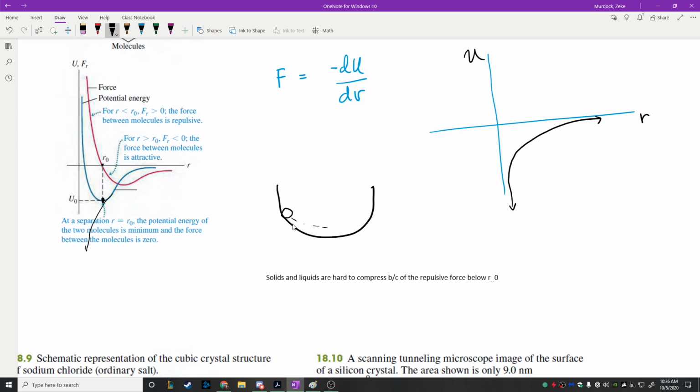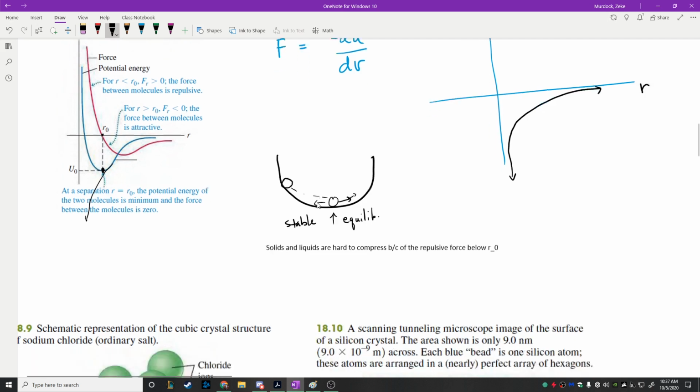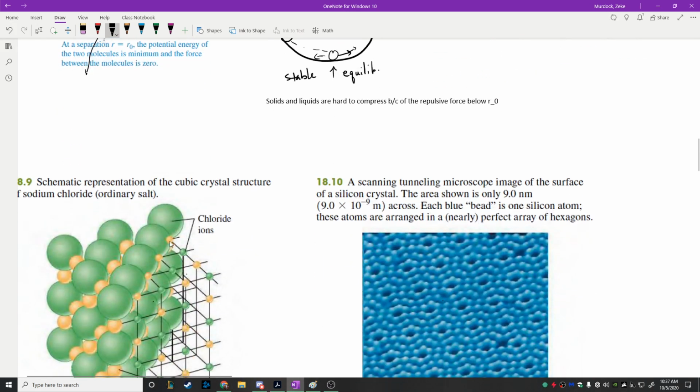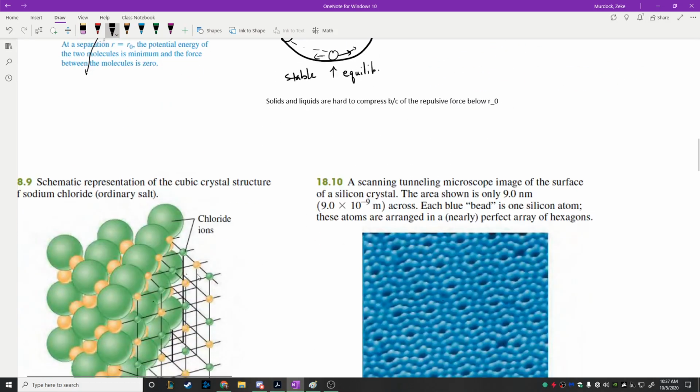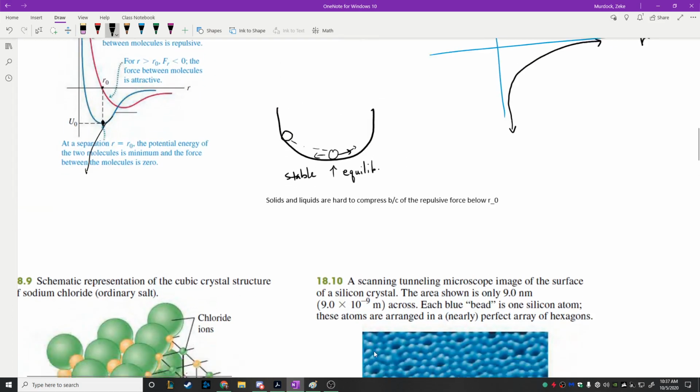The marble is going to roll down to the center, roll back up a little bit, and oscillate around the bottom. This point represents stable equilibrium. The molecules inside a solid aren't in bowls, but their energy behaves in a similar way, so you can create these stable arrangements.